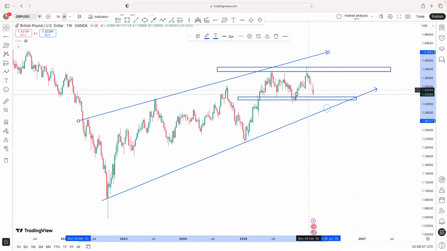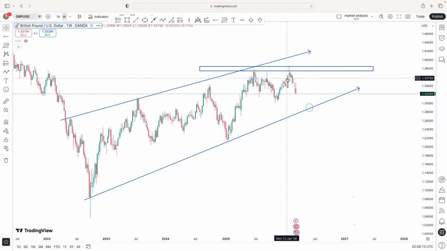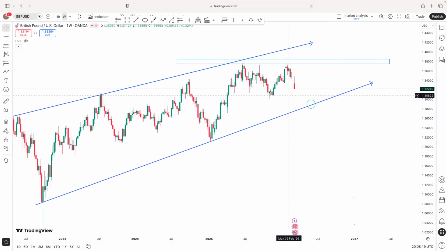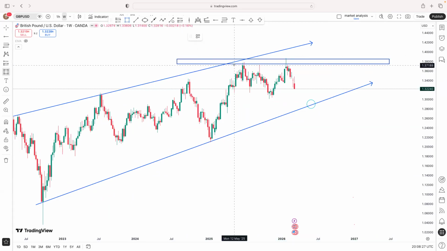The difference is that we don't have an M pattern. This is not an M pattern, but we've got what we call equal highs right there. Instead of an M pattern, we had a small sideways trend right here.